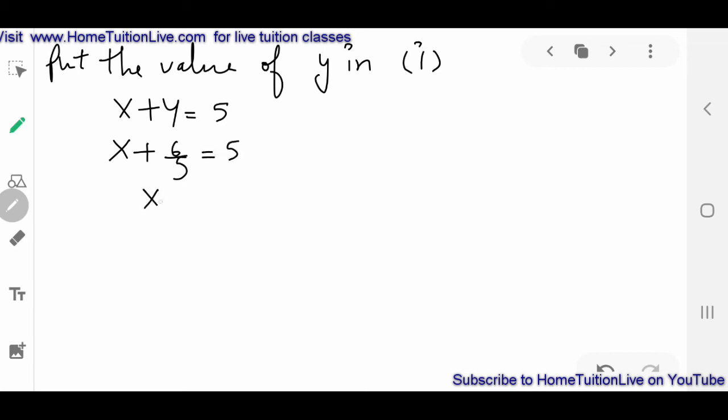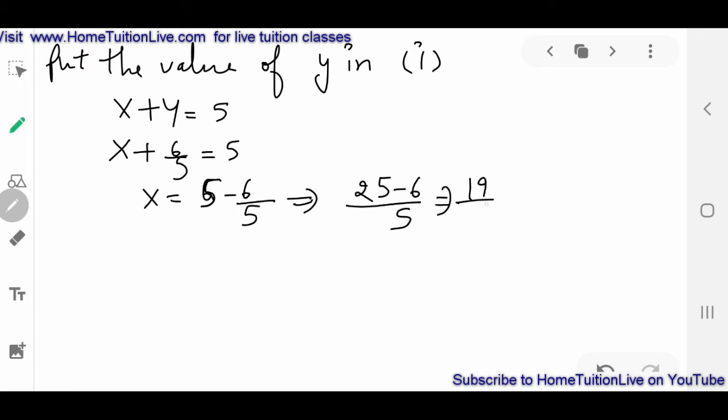So x is equal to 5 minus 6 by 5. That is 25 minus 6 by 5, that is 19 by 5. So x value is 19 by 5. This is the elimination method.